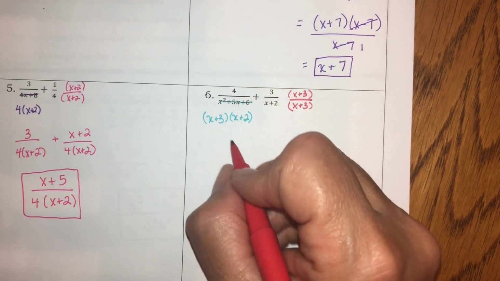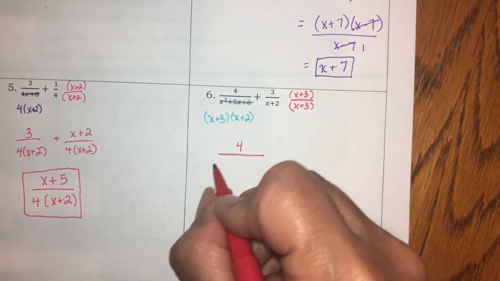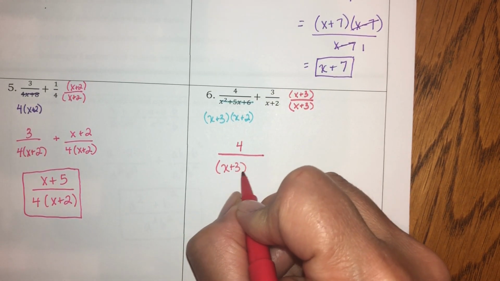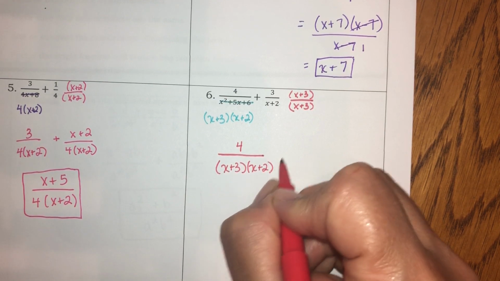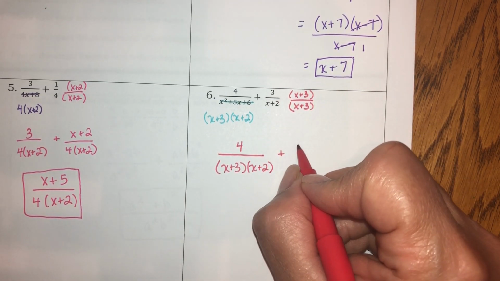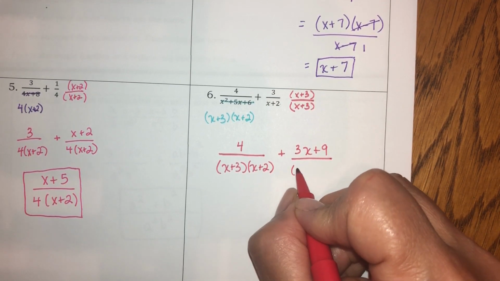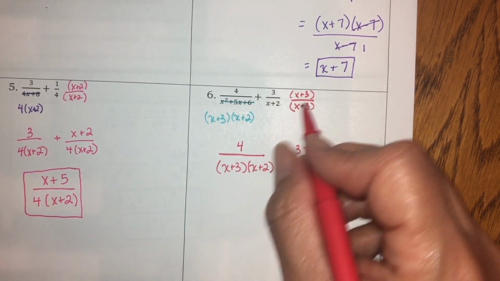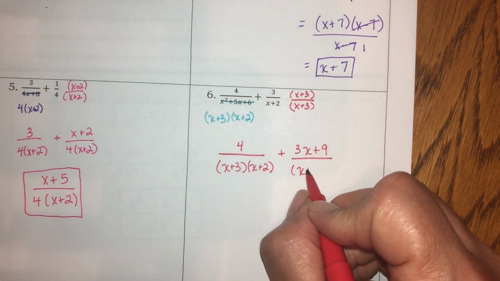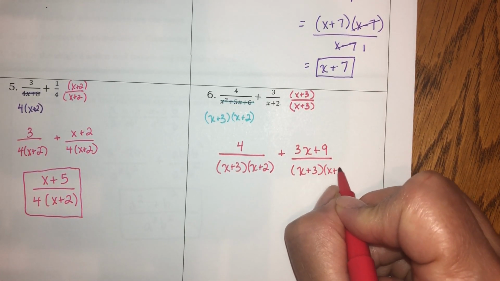When I do that, my first fraction now looks like this, 4 over x plus 3 times x plus 2. My second fraction looks like this, 3x plus 9 over x plus, it doesn't matter, but I would make it match the order on that one, so x plus 3 over x plus 2.